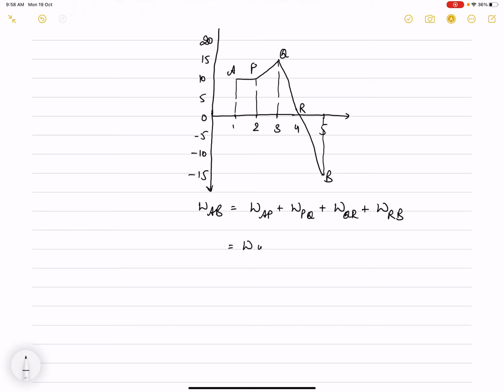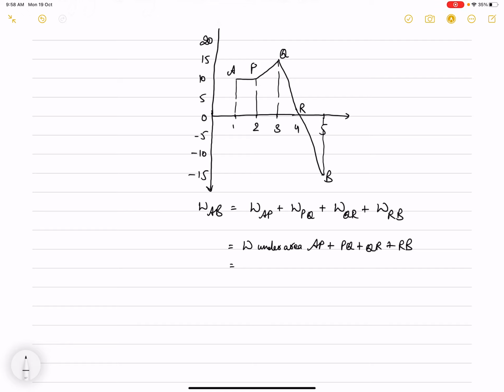Work is the area under the curve: area under the curve AP plus area under the curve PQ plus area under the curve QR plus area under the curve RB.